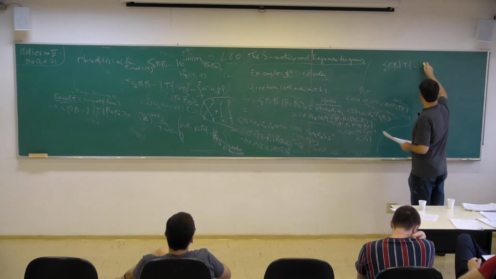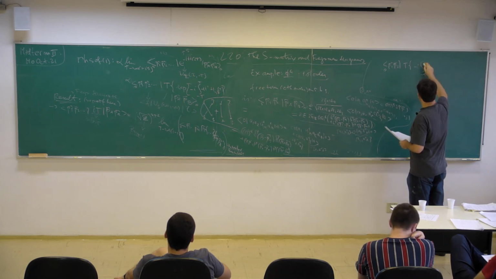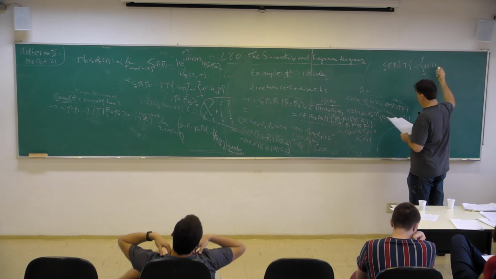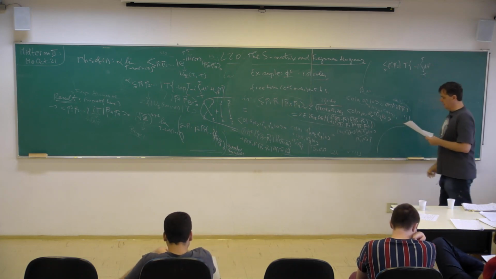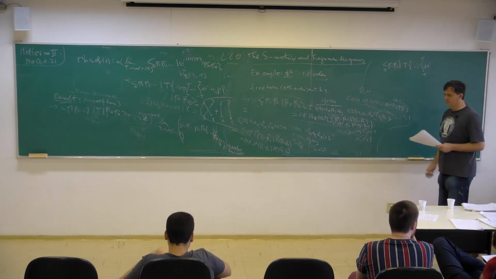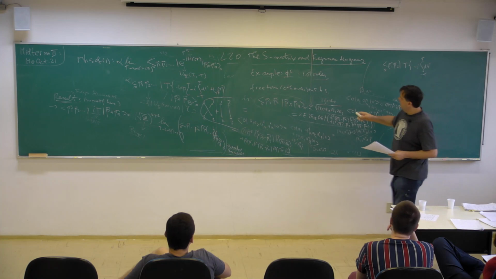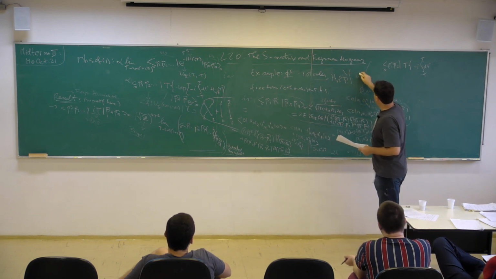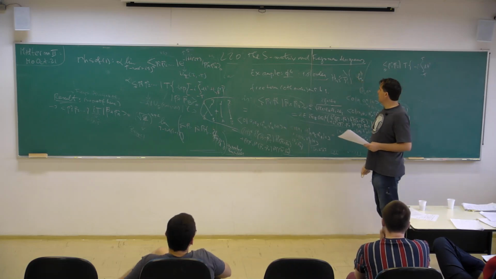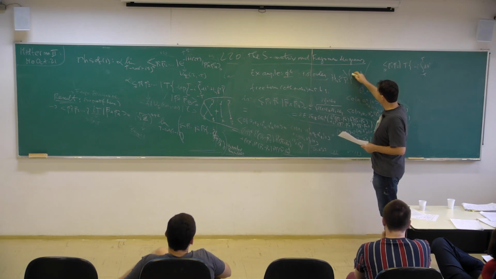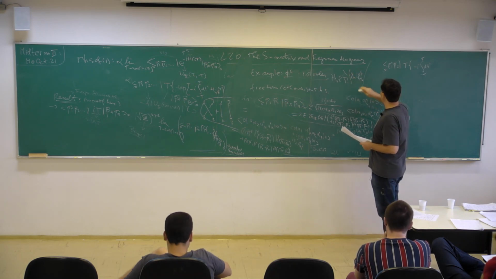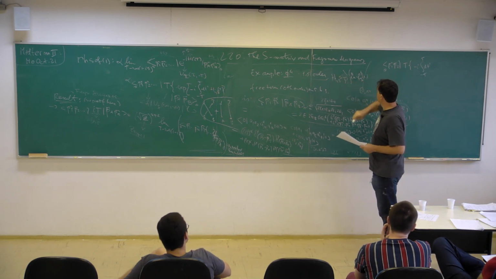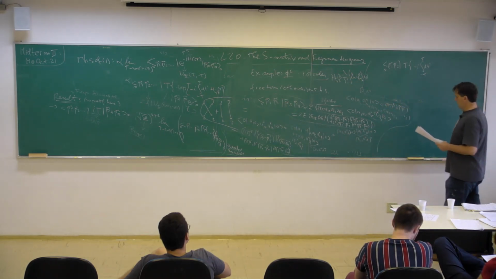So −i ∫ from −T to T dt′ H_I, and we're talking about φ⁴ theory, so let's say H_I is λ/4! ∫ d³x, and here, as before, we have the interaction picture field to the power 4, at time t′.